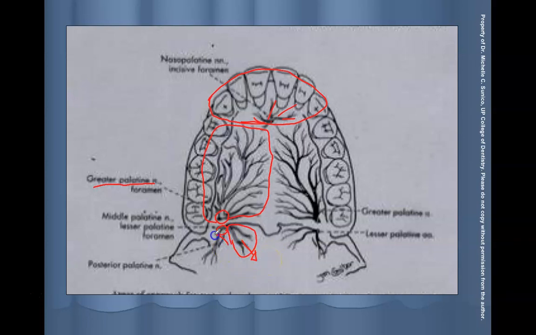And the other nerve that comes out of the lesser palatine foramen goes to the area of the palatine tonsils. So, the lesser or posterior palatine nerve is sensory to the palatine tonsils. Both nerves, the middle palatine and the lesser palatine or posterior palatine nerves, exit through the lesser palatine foramen.